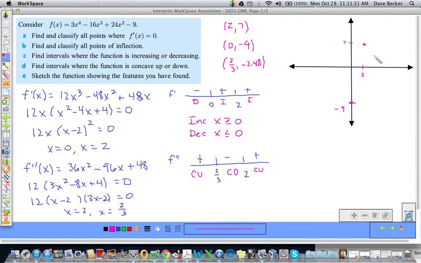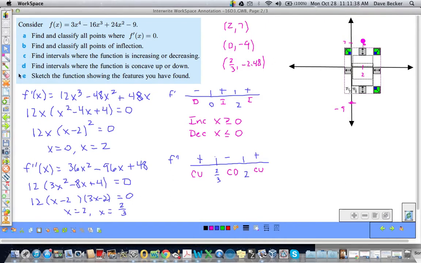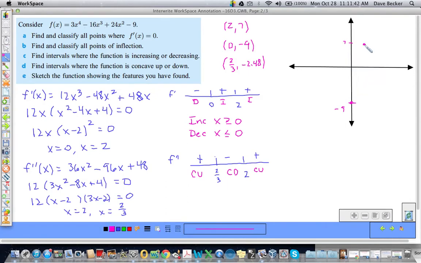Let me get rid of that without messing up my graph. I'm just going to put it a little bit further out. (2, 7). And then (2/3, negative 2.48), maybe about right there.